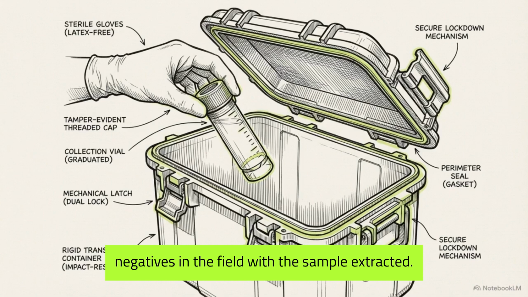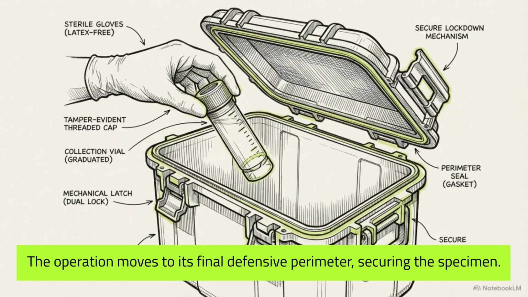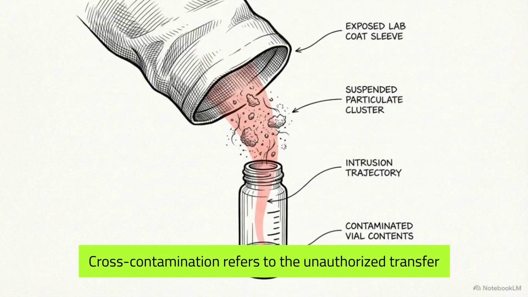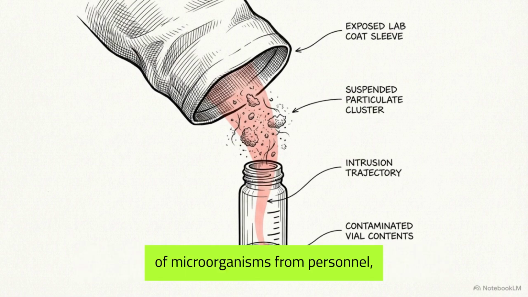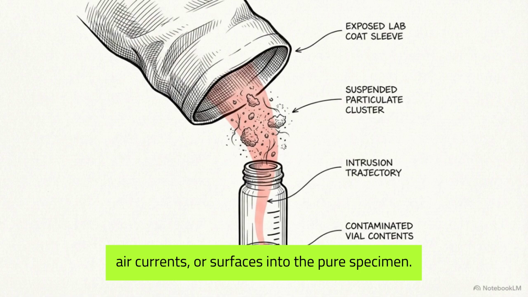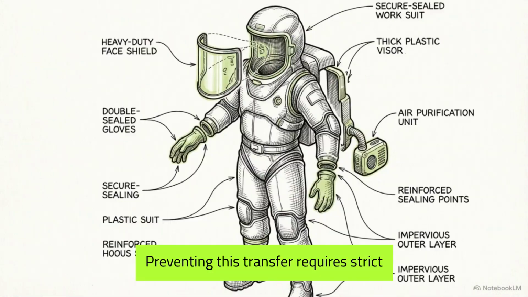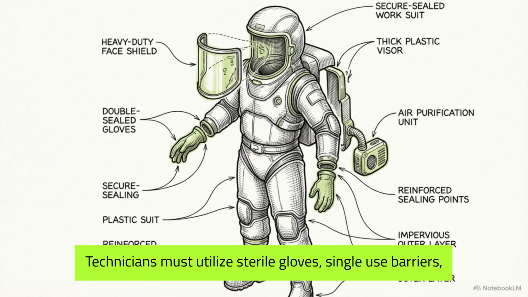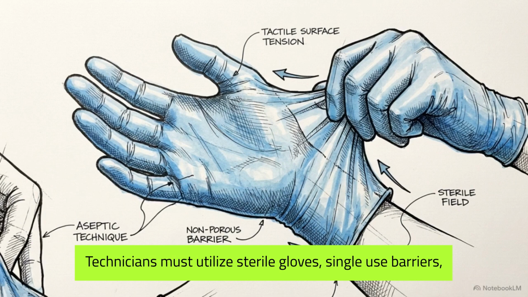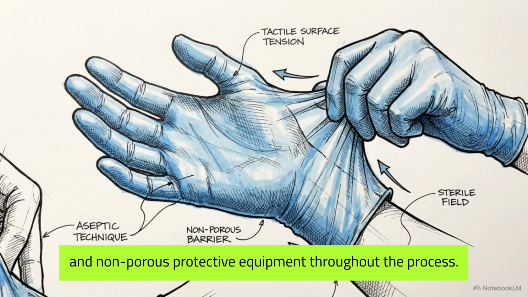With the sample extracted, the operation moves to its final defensive perimeter, securing the specimen. Cross-contamination refers to the unauthorized transfer of microorganisms from personnel, air currents, or surfaces into the pure specimen. Preventing this transfer requires strict adherence to aseptic technique. Technicians must utilize sterile gloves, single-use barriers, and non-porous protective equipment throughout the process.